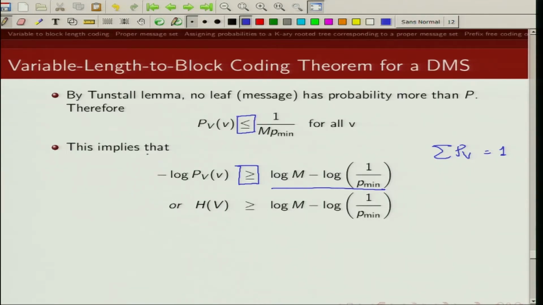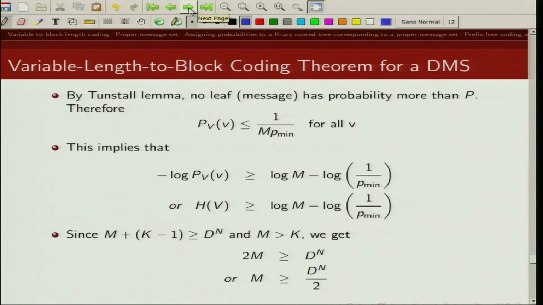Then I take summation over all P of V, so this will become the entropy term here, and this will be log m, and this will be minus log of P min. So the uncertainty in the leaves, basically the leaf entropy, is lower bounded by this quantity.